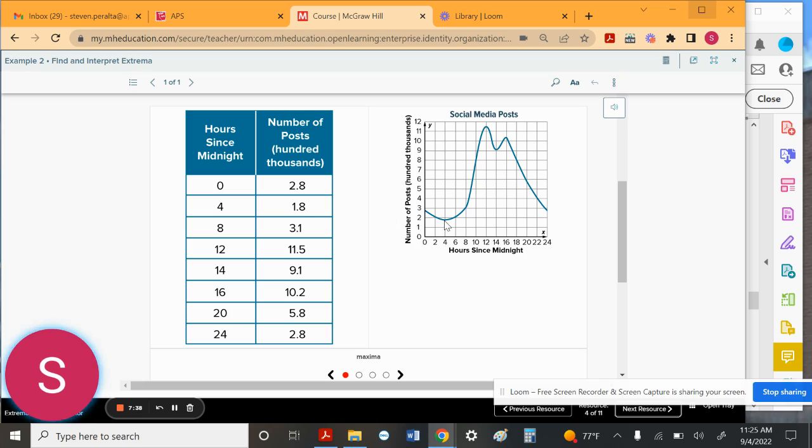So we want to look at the different values. Here is my very lowest point at 4 hours. My highest point, my maximum, is going to be all the way up here at 11 point something. That would be at 12 hours, 11.5. And then we have a relative min and a relative max there.